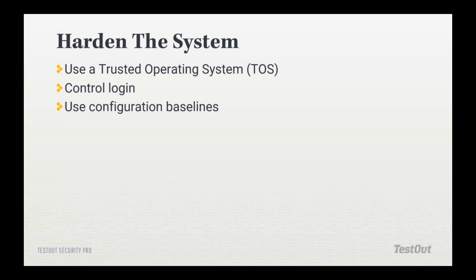One way you can use these is to quickly apply settings to one or more computers. You can also use them to configure consistent security settings to your baselines. Or you can use these to compare the actual settings on a device to the settings that are required by the configuration baseline as well.